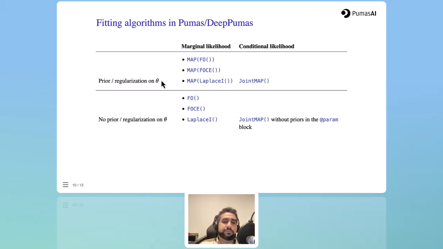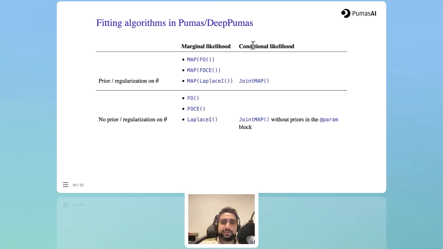In the case of DeepPumas, for example, we usually have L1 or L2 regularization on the population parameters. And so we need to use map FO or map FOCE or map Laplace. Map comes from maximum a posteriori, and so when we have a prior or some regularization on theta, we need to actually use the map version of the algorithm. But when we want to ignore the prior, or when we don't have a prior or regularization in the model, we can just use FO or FOCE or Laplace directly.